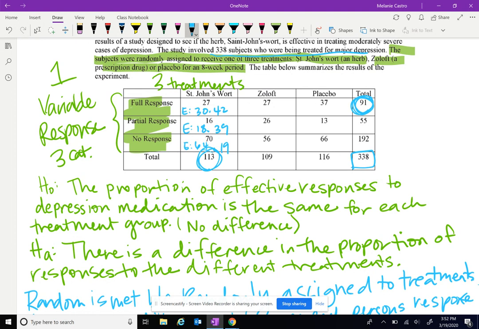The next one, we would do 109 times 91 and divide by 338. So if I just fill in these expected counts, double check that you can get these same ones.